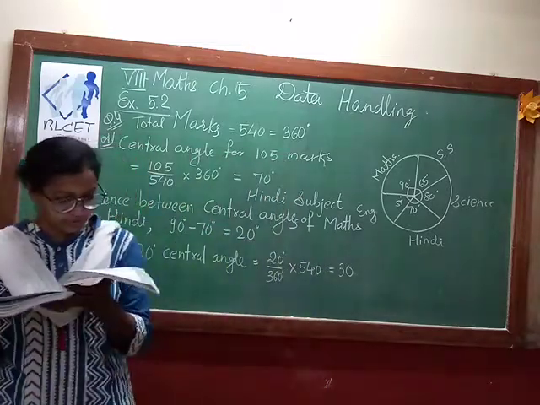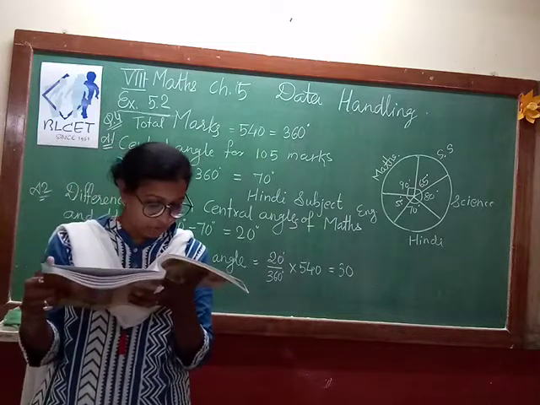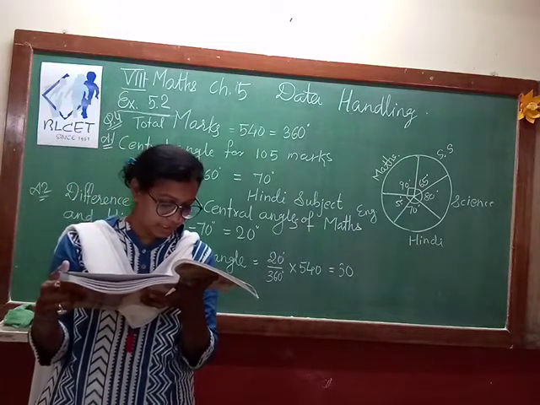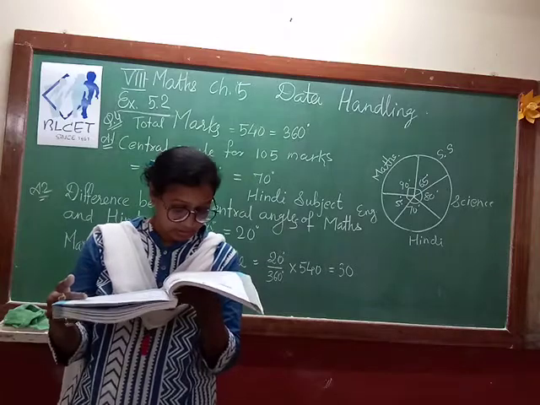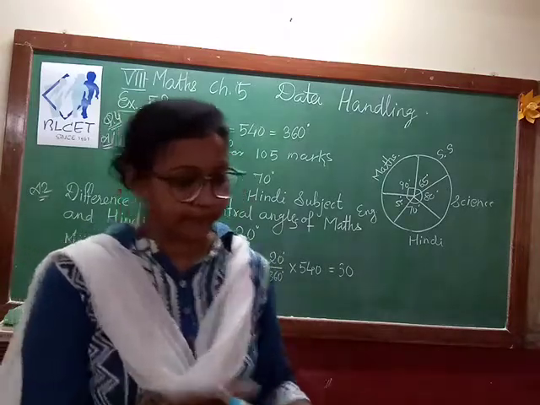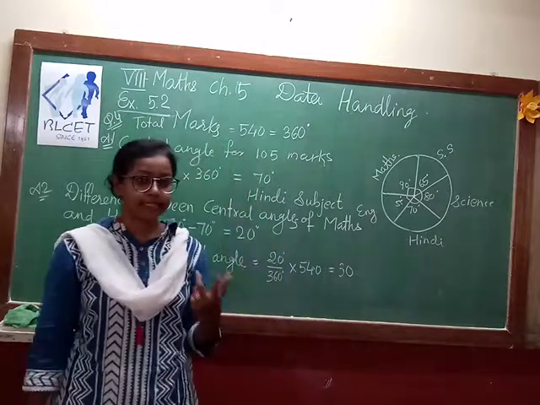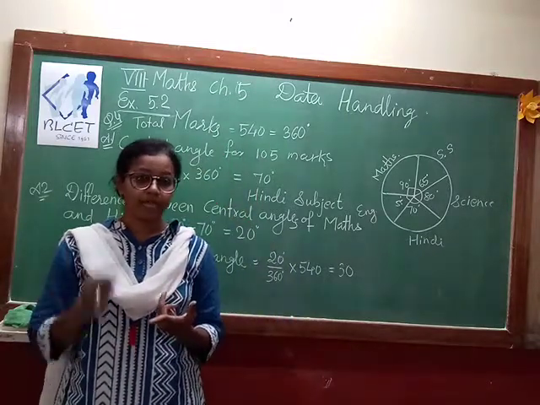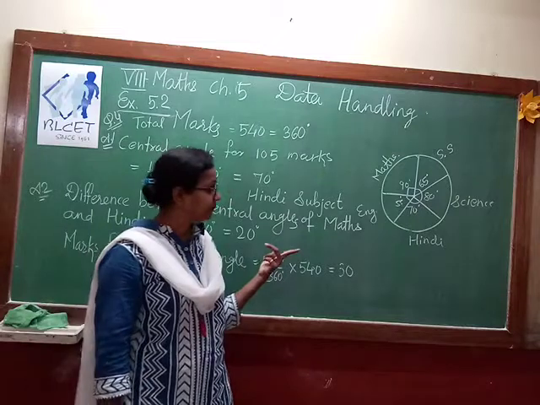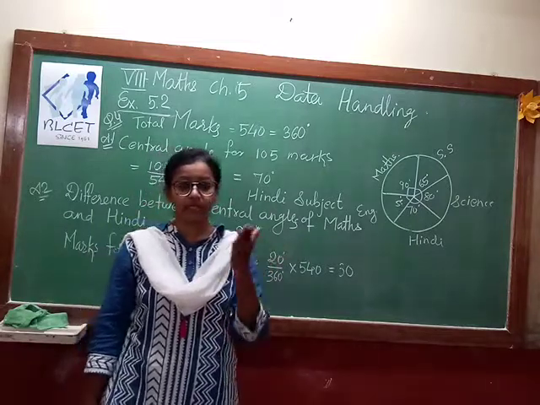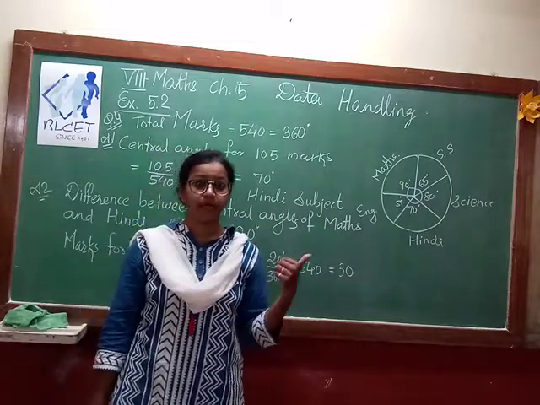Move on to the second question. How many more marks were obtained by the students in mathematics than in Hindi? So here we have to simply compare the marks of Maths and marks of Hindi. For that we have to find the difference of central angle for Maths and Hindi.